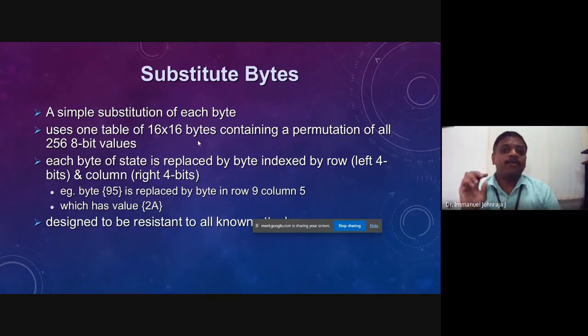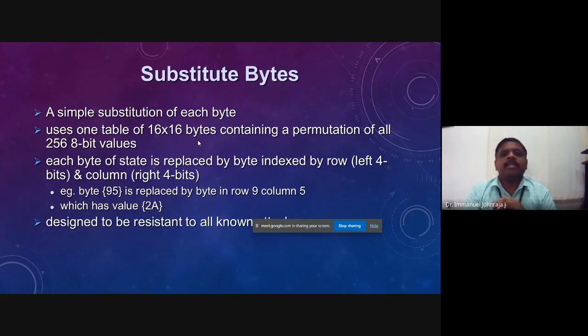How are we going to locate? In the case of the DES S box, do you remember? It takes 6 bits as the input and provides 4 bits as the output. The first and the last bits together are used to identify the row, and the remaining middle 4 bits are used to identify the column, so that you get the 4-bit value as the output.